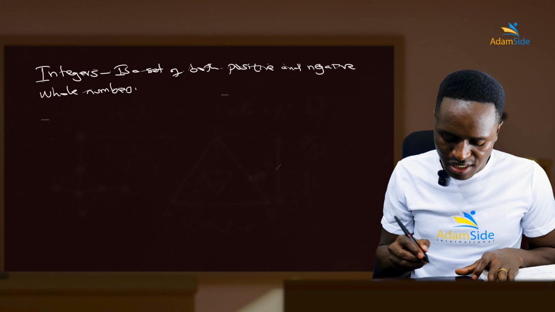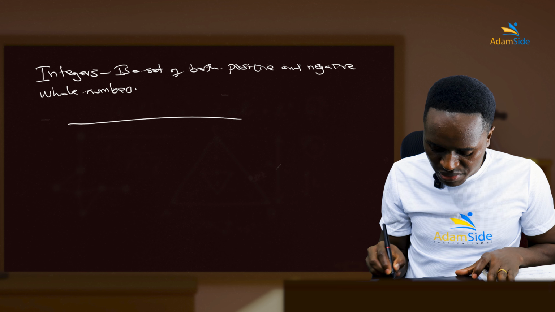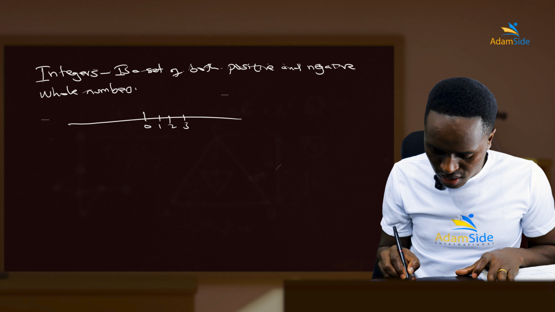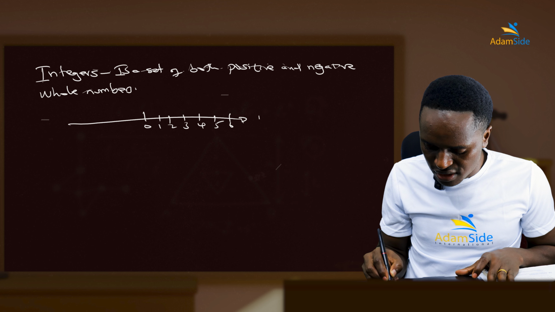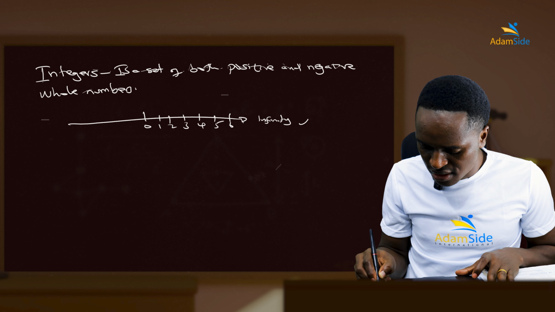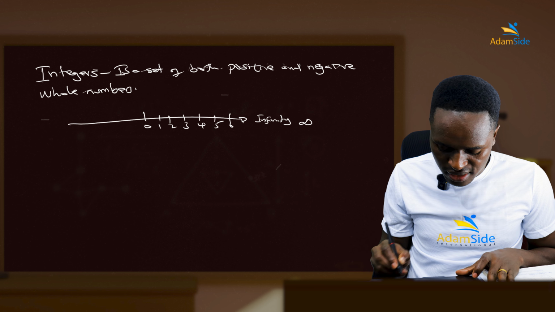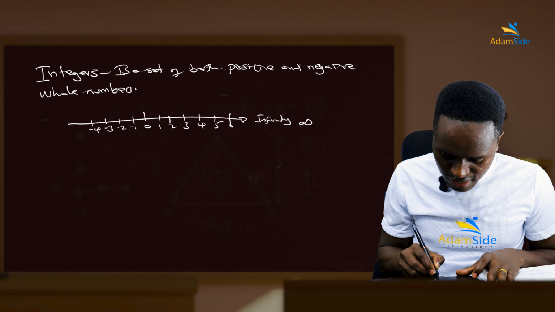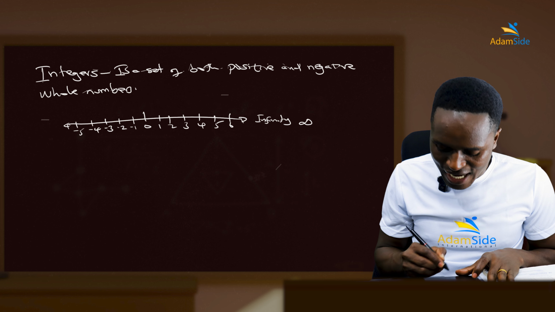In what range? For example, you might have numbers from 0, 1, 2, 3, 4, 5, 6 to positive infinity, like no end. And you might have numbers that are less than 0, which are negative numbers: negative 2, negative 3, negative 4, negative 5, as you go down.